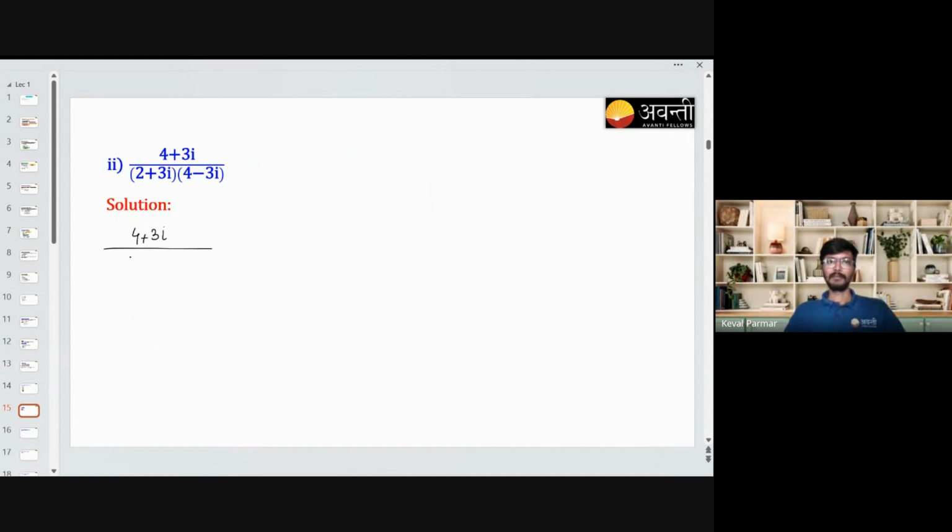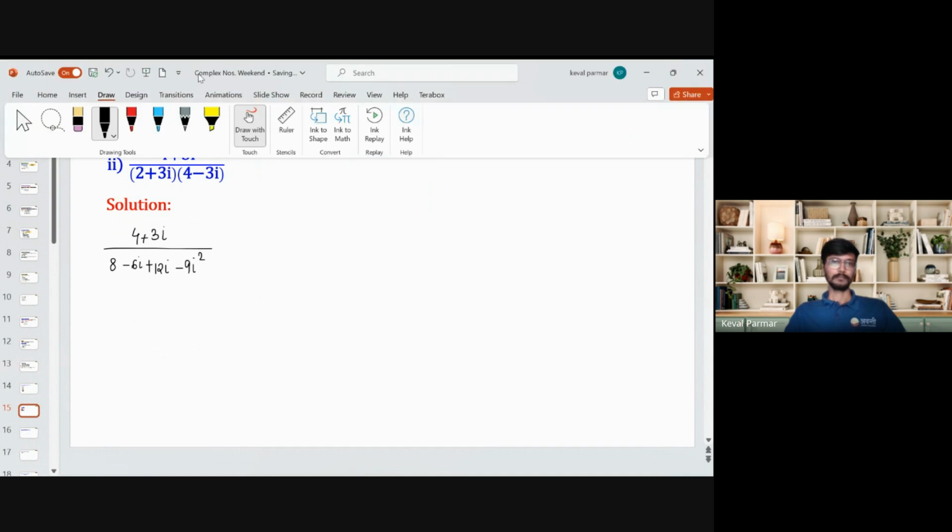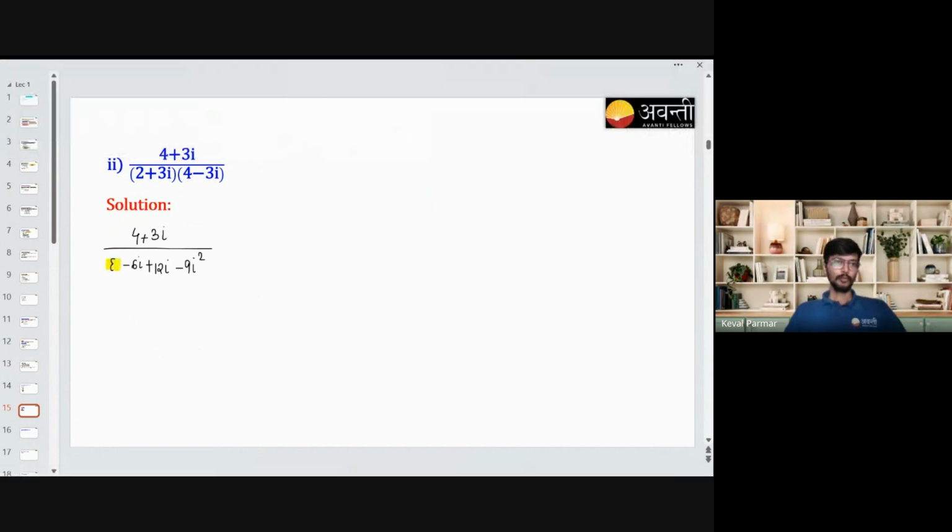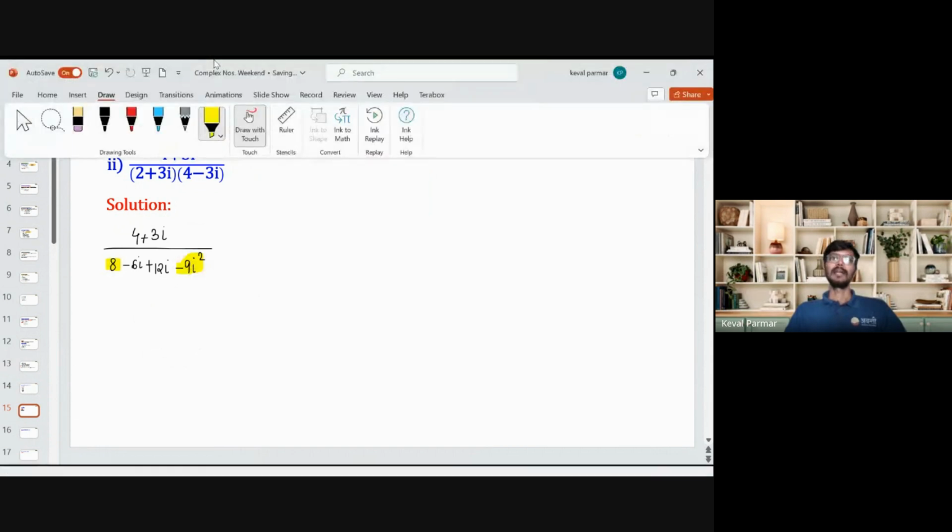In the denominator, if I multiply it, I'll get 8 minus 6i plus 12i minus 9i square. Now here we can group this, because 8 and 9i square, i square is minus 1. So what do we have here?